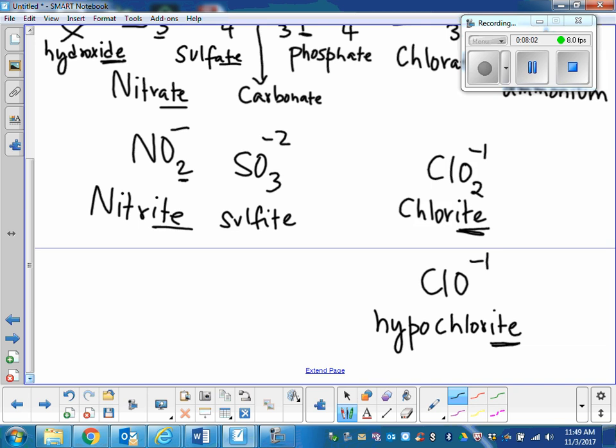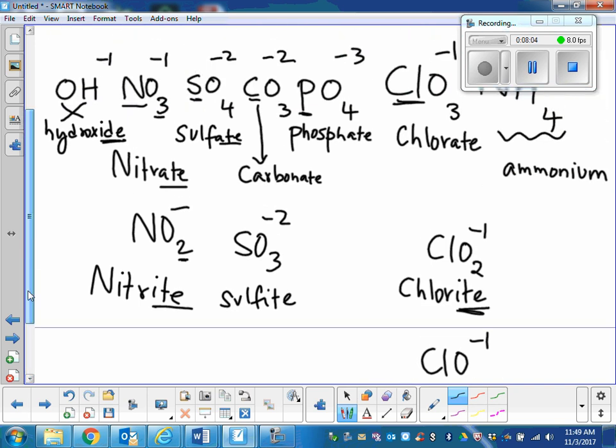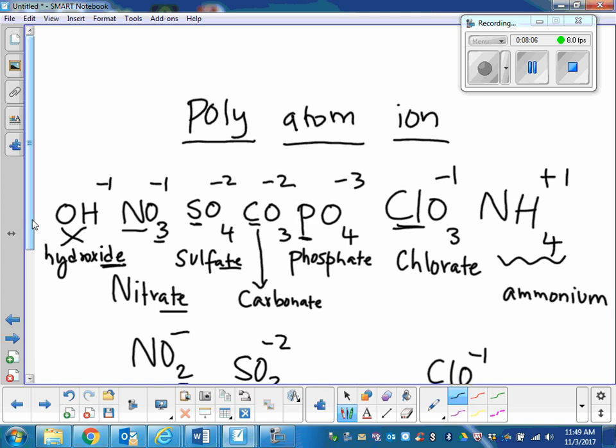Okay. So we're going to go up and this is chlorate. Correct? We're going to add one oxygen to chlorate. Alright? If we add one oxygen, chlorate got an oxygen added. Is that right?